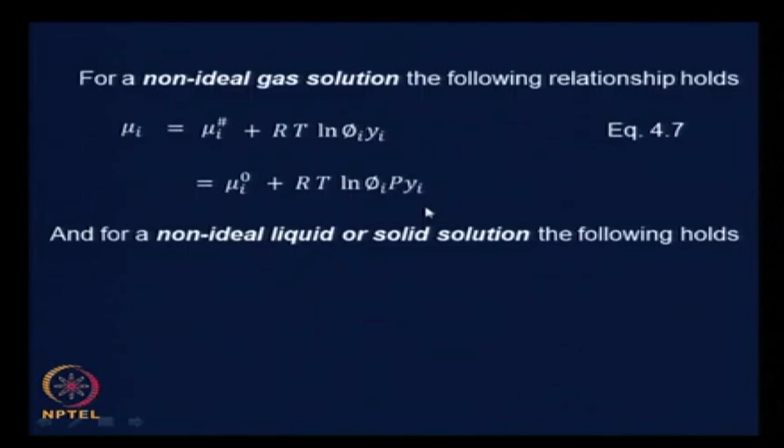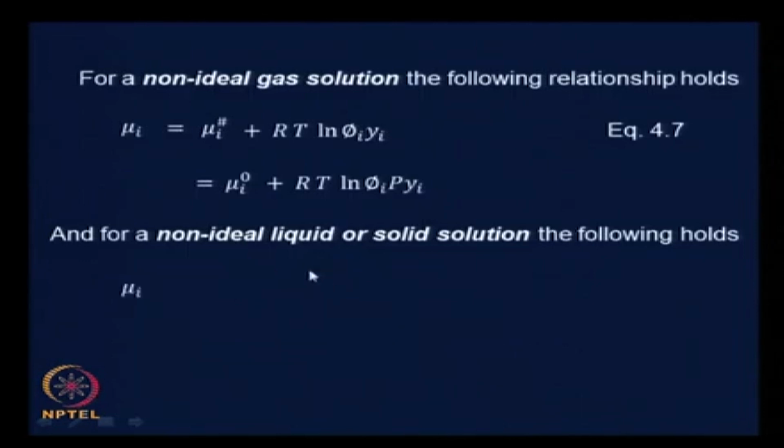Now the non-ideality is brought about either by a fugacity coefficient for a gas mixture or an activity coefficient for a liquid or a solid mixture solution. So for a non-ideal gas solution, mu_i equals mu_i hash plus RT ln phi_i y_i, and the equivalent is given.